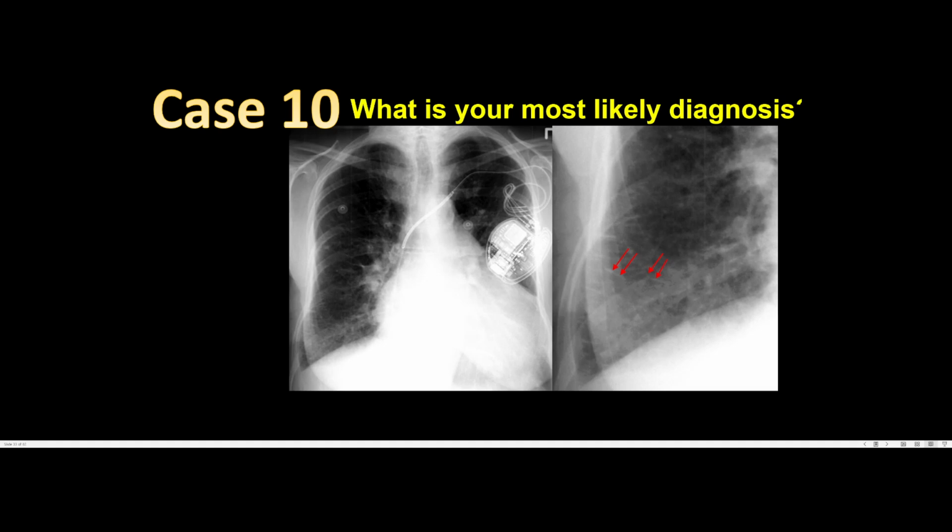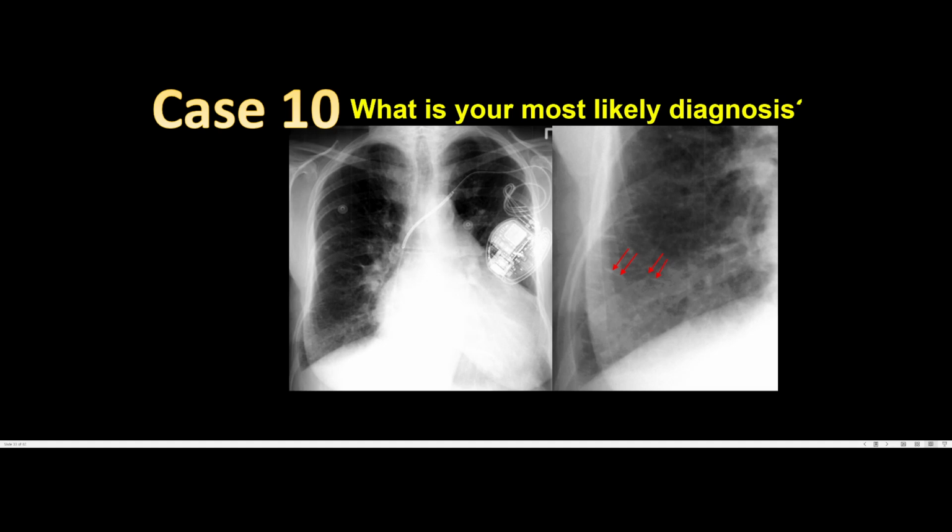So to summarize, we have very obvious interstitial markings, or very obvious pulmonary vascular markings, in the periphery in the same patient. This could be interstitial pulmonary edema, or it could be a case of interstitial lung disease in a reticular pattern due to maybe the use of amiodarone. You know what I mean?